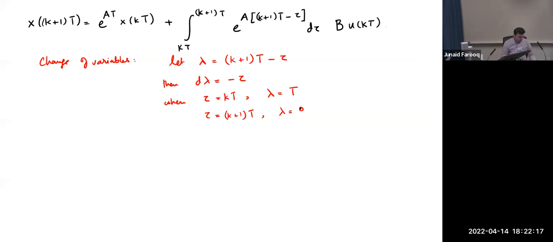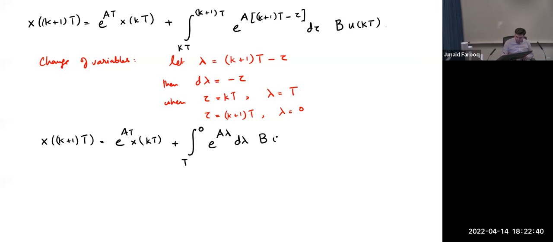So now we can convert the integral. The integral will become x((k+1)T) equals e to the power AT x(kT) plus the integral from T to 0 of e to the power A lambda d lambda B u(kT).